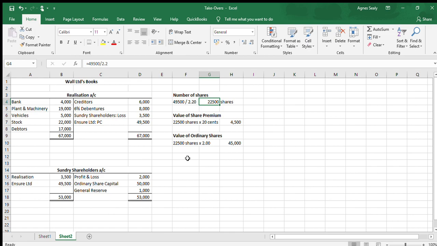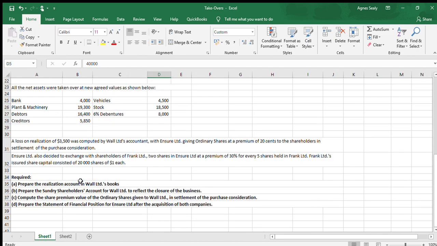Additionally, this was not a requirement, but it's something that we have to do because the question stated that Ensure Limited, if you go back here, the question said Ensure Limited also decided to exchange with shareholders of Frank Limited 2 shares in Ensure Limited at a premium of 30% for every 5 shares held in Frank Limited. So we have to work out what the investment that Ensure Limited has inside of Frank Limited.